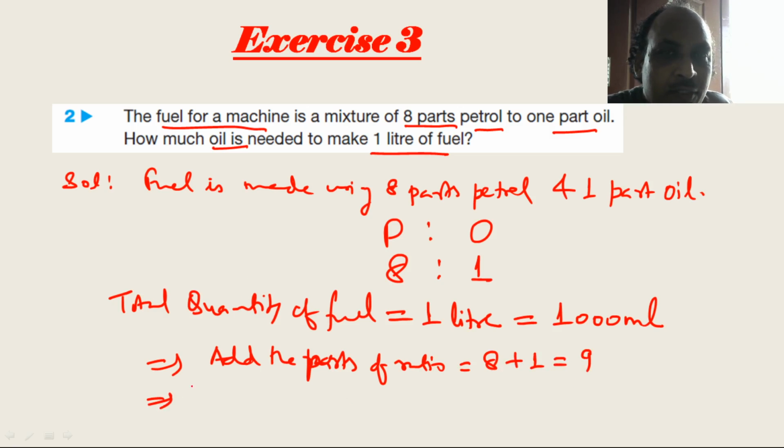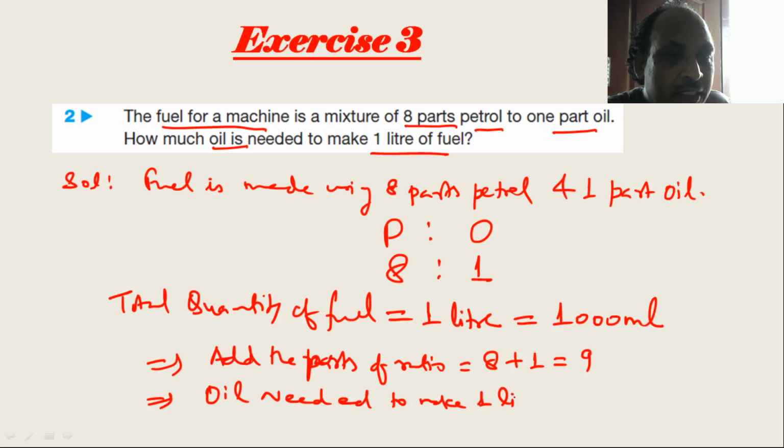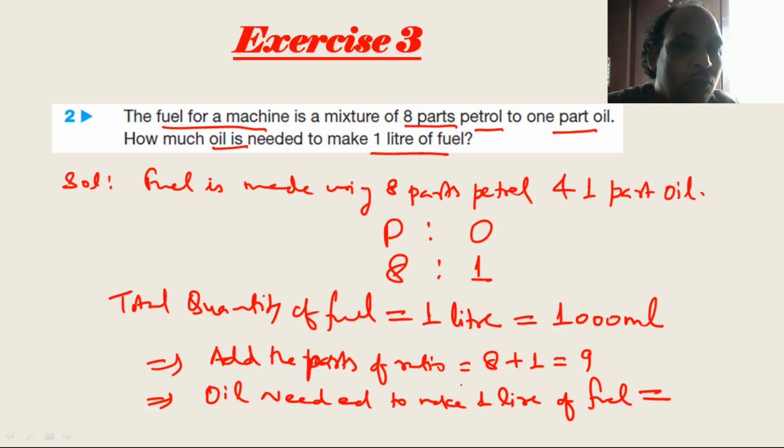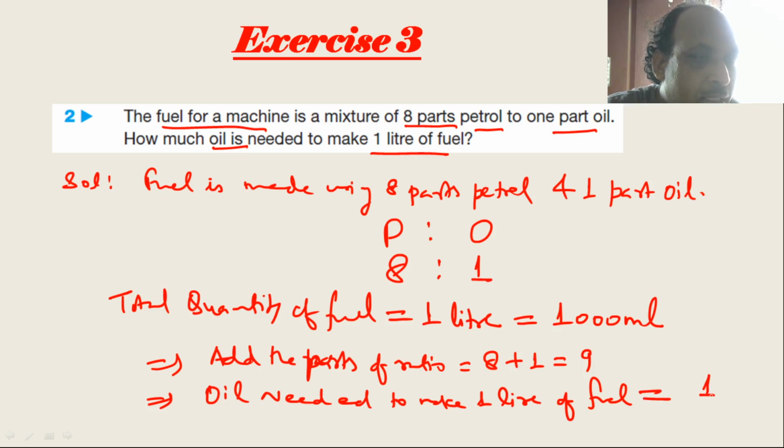Therefore, you can say the oil needed to make 1 liter of fuel will be equal to 1/9 into 1000 milliliters. Right?